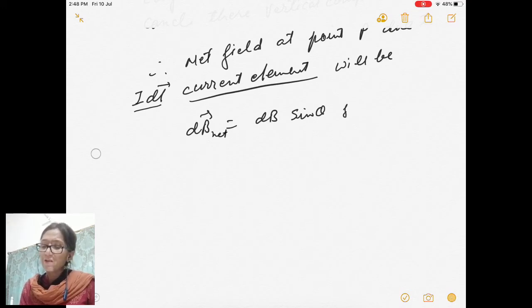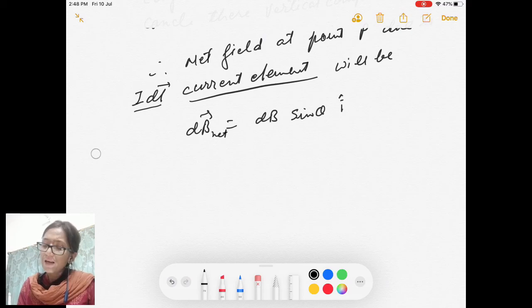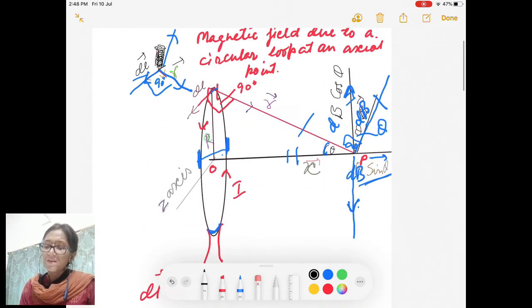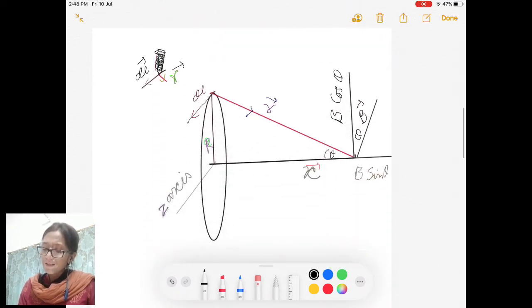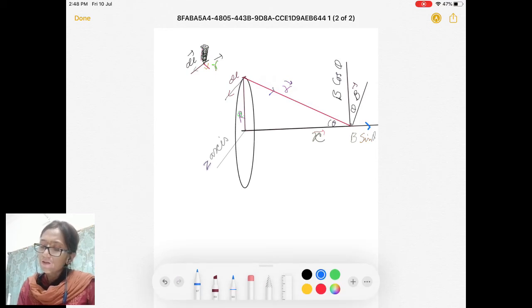You may write here the unit vector of the horizontal direction as positive i cap, if you take this horizontal direction as x-axis. So net field will be dB sin theta, this is the magnitude, into i cap.